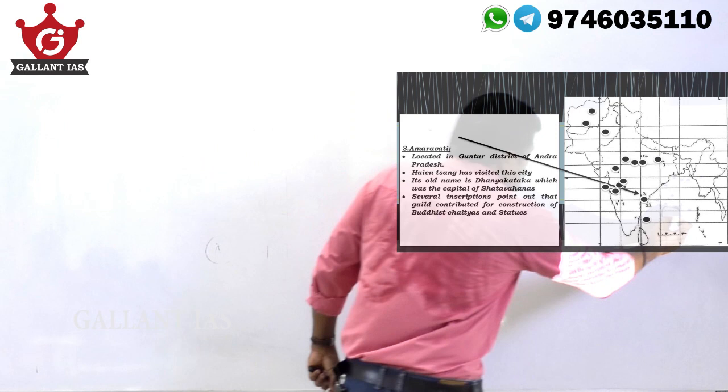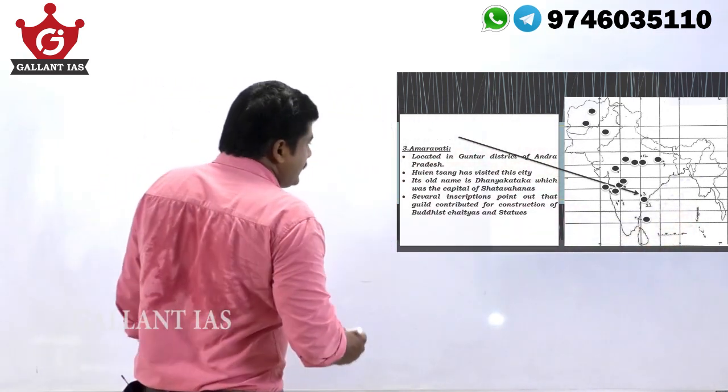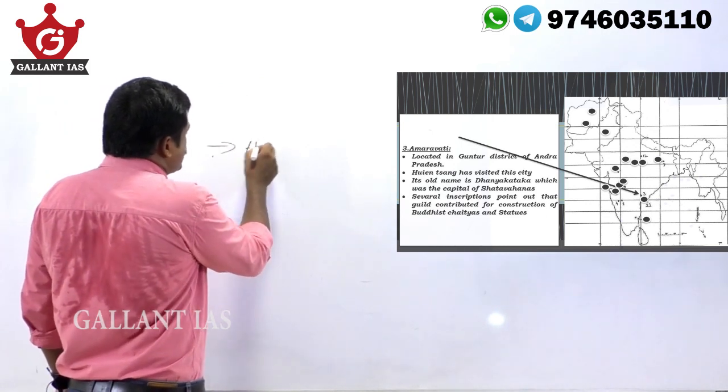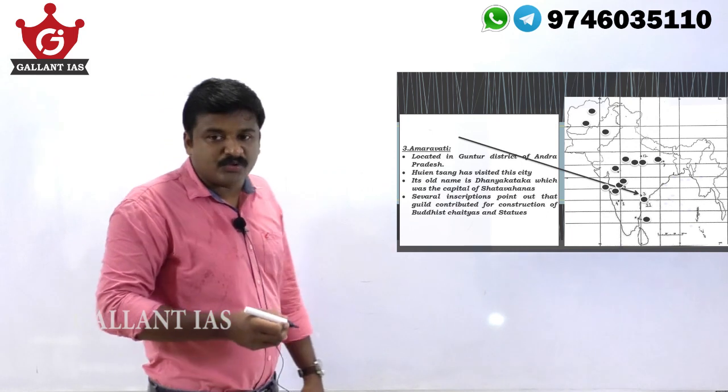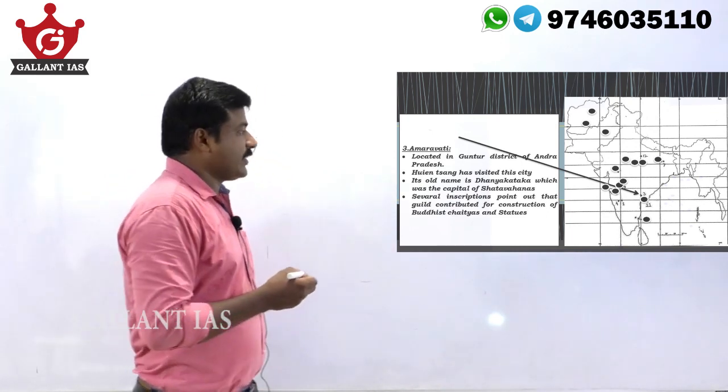This is in the Guntur district of Andhra Pradesh. Huen Tsang visited this place. We know he was a Chinese Buddhist traveler who visited India during the time of Harshavardhana, in the 7th century AD.